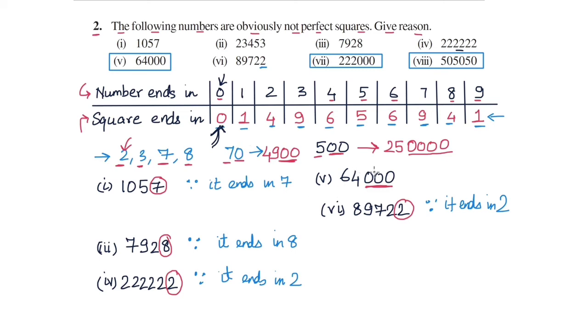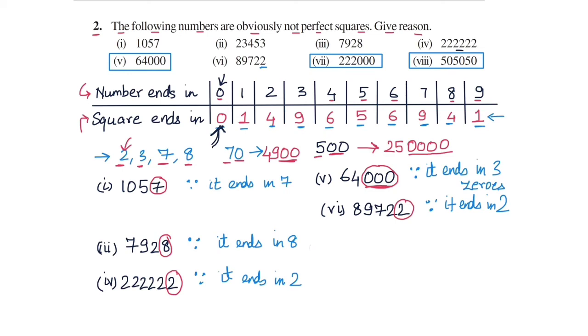In part 5, if you see, we have 3 zeros, and 3 is not an even number. So we will directly say that this number is not a perfect square, and as the reason we can write: since it ends in 3 zeros. Clear? That's why, a number with an odd number of zeros at the end is not a perfect square.